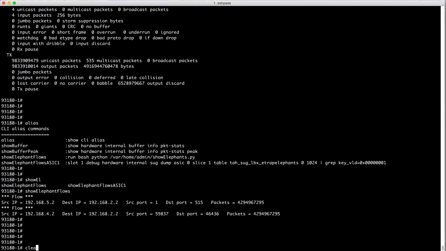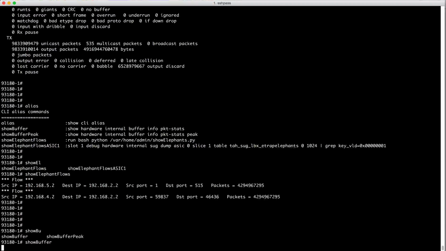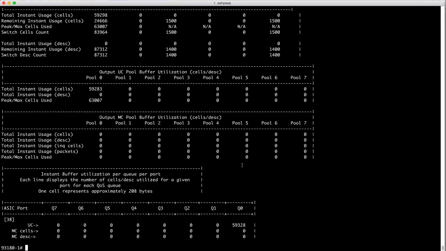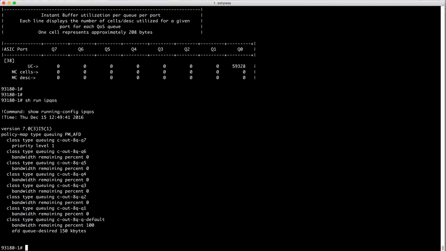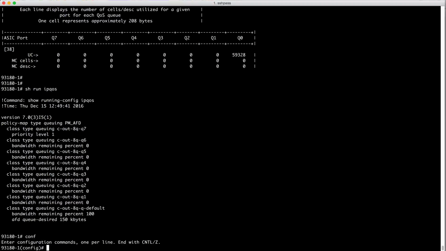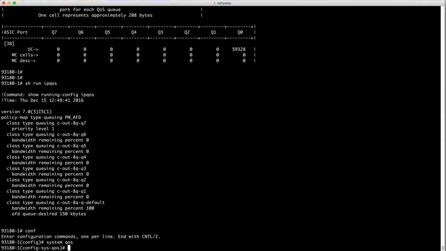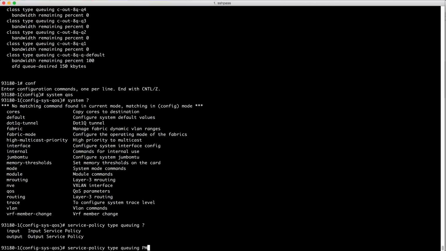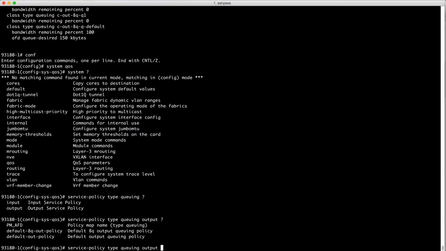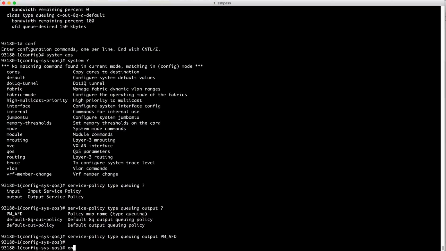But now, if we again do show buffer, oh, I forgot to actually enable the QoS policy, so it didn't take effect. So system QoS, right? And now we're going to do service policy type queuing output with the AFD policy, right?